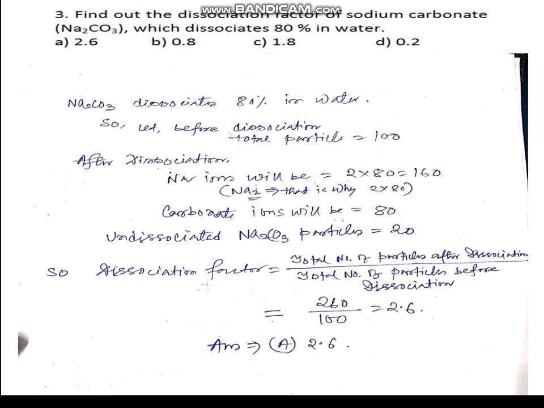Next question, find out the dissociation factor of sodium carbonate, that is Na2CO3, which dissociates 80% in water. So options are option A 2.6, option B 0.8, option C 1.8, option D 0.2. According to this question, sodium carbonate dissociates 80% in water. So let before dissociation there were total 100 particles.